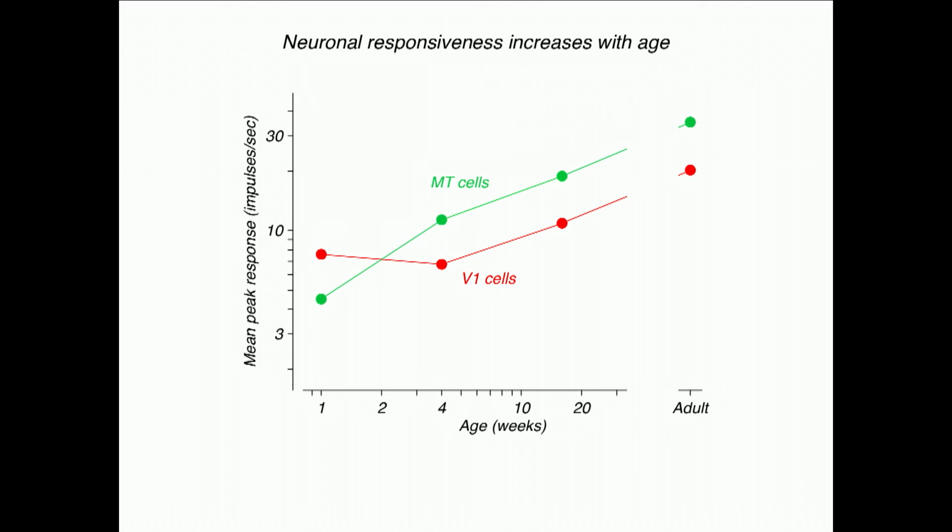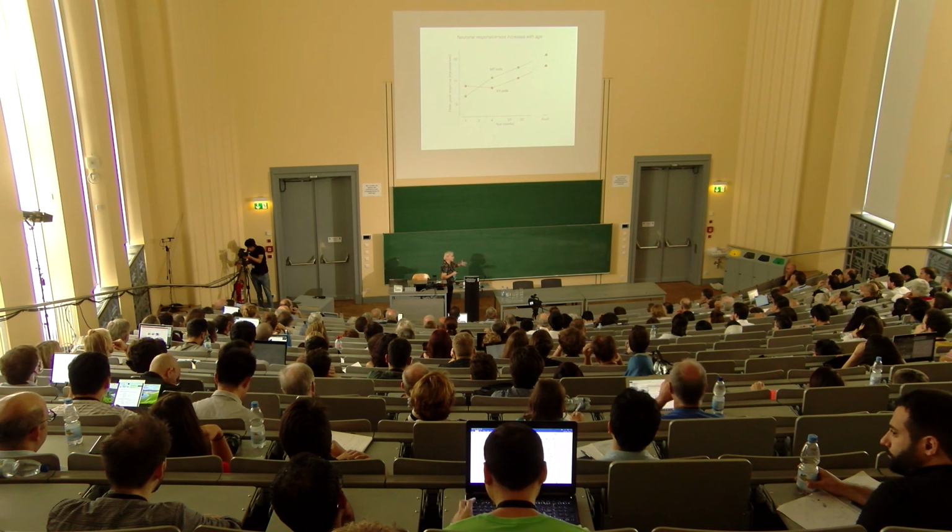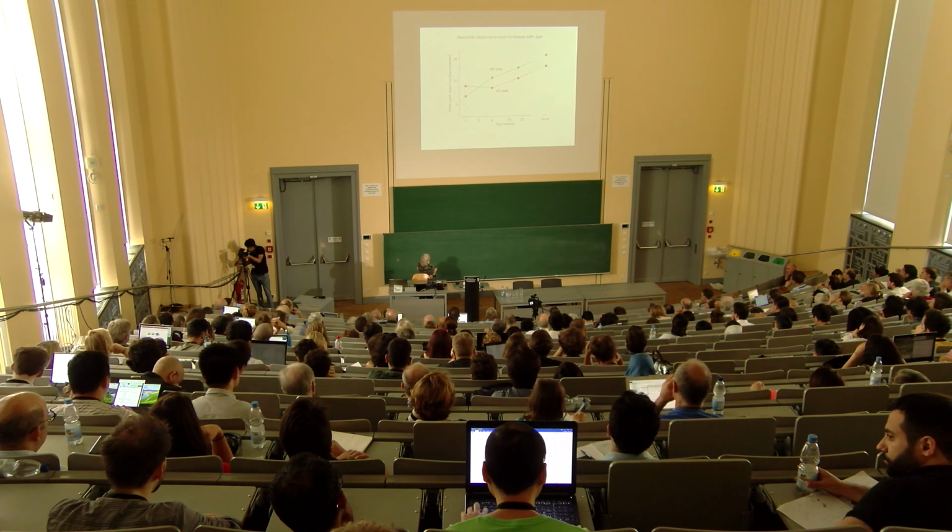In the red here, I'm showing you the development of responsiveness of neurons at the level of V1. And then in green, that same measure at the level of MT. And those 2 functions even are different. So while responsivity changes really across the infant brain as a function of age, it's not necessarily changing in parallel across all areas.